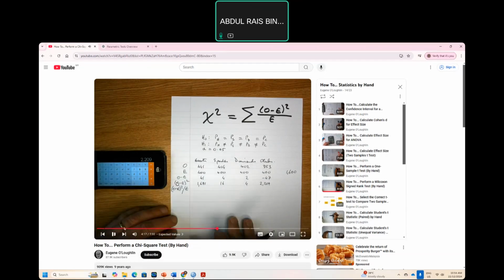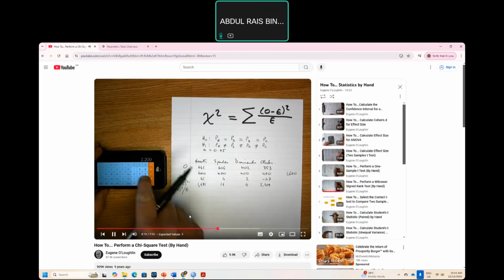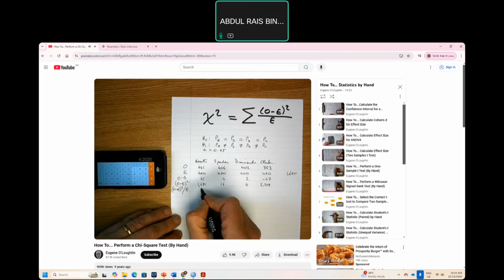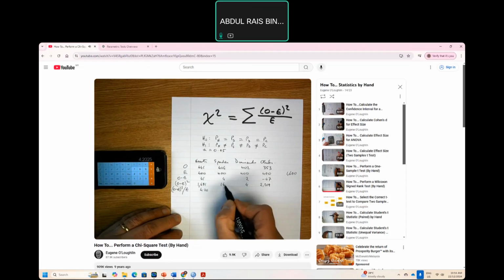Perhatikan Prof buat ni step by step. Okay. 1,681 divided by 400 is 4.2 rounded. Next is 16 divided by 400.